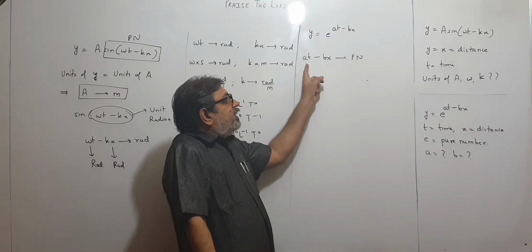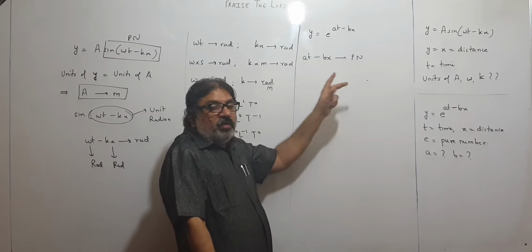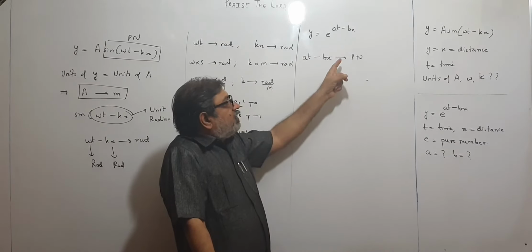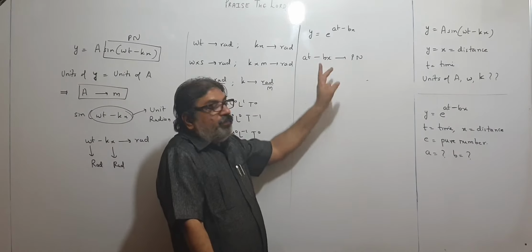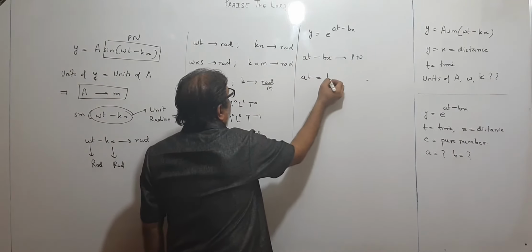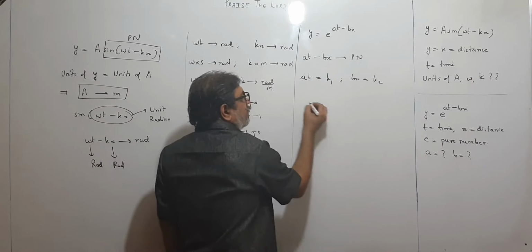If this has got unit and this is a pure number, so we cannot subtract unit from a pure number. That is not possible by principle of homogeneity. So if the result is a pure number, then this and this should be pure numbers. So that means at will be k1 some pure number and bx will be k2 some pure number.